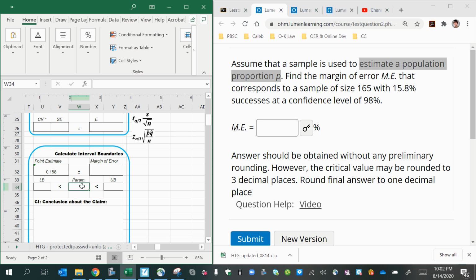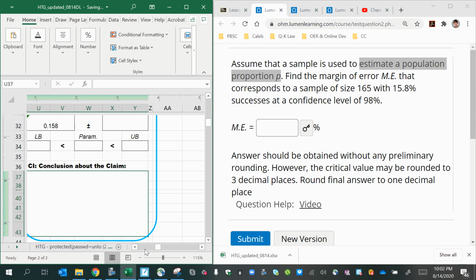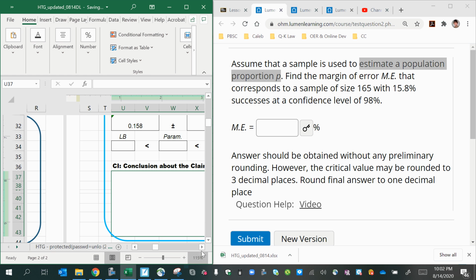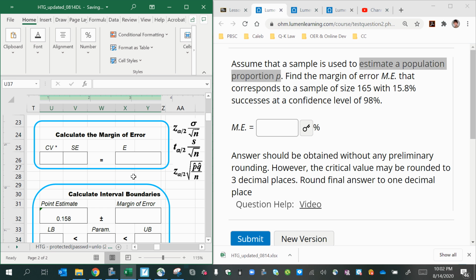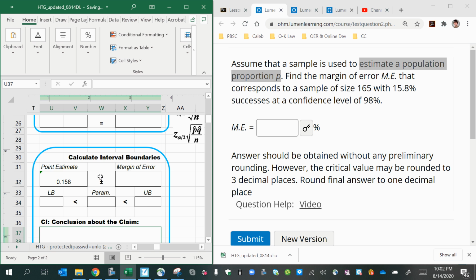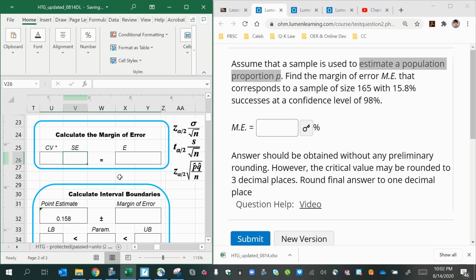Using that along with my sample size of 165, I can calculate my margin of error, but I'm going to have to do a couple steps first. In my standard error formula, I'm going to do this part right here, the square root of P hat Q hat over N. So SQRT for square root, then P hat times 1 minus P hat, which is my Q hat, and then divide by N, which here is 165.